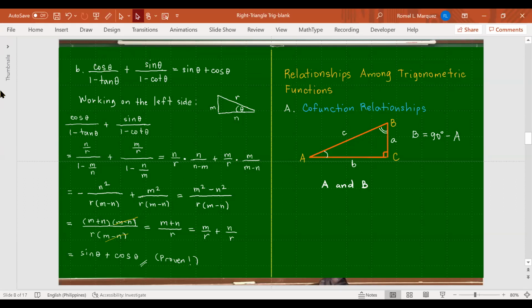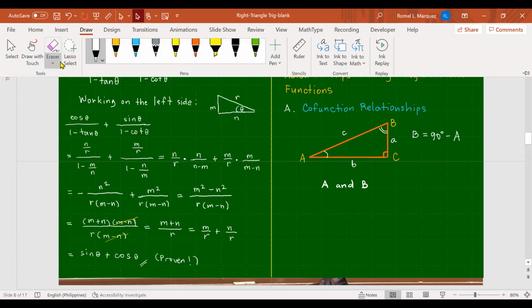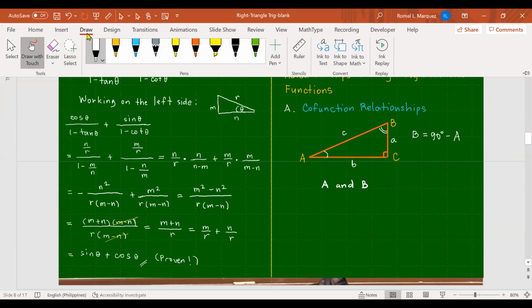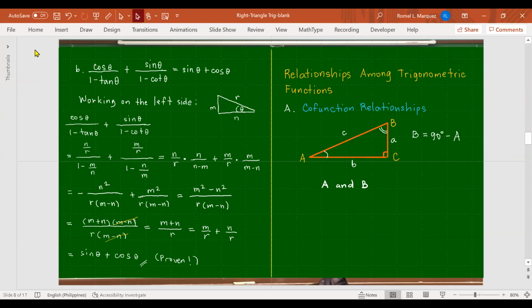Is there a difference? A and B are complementary angles.